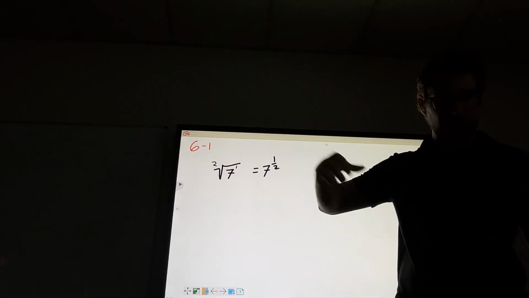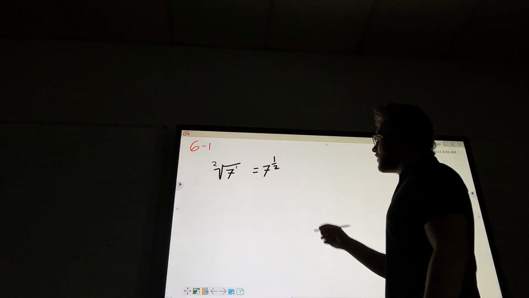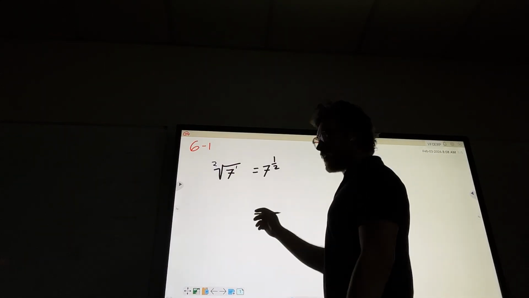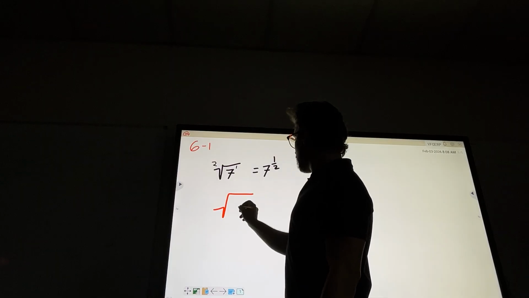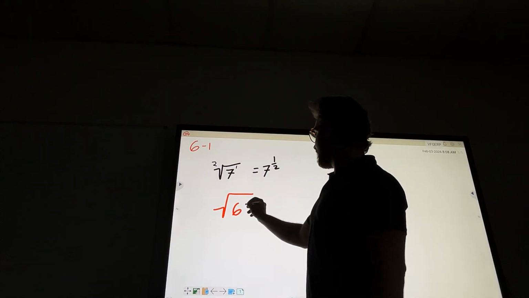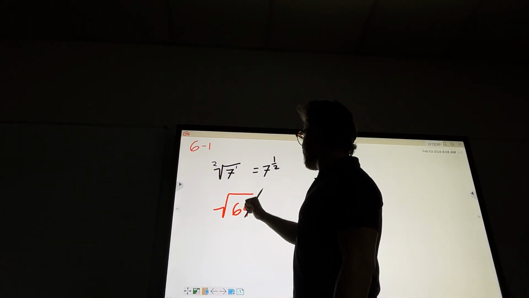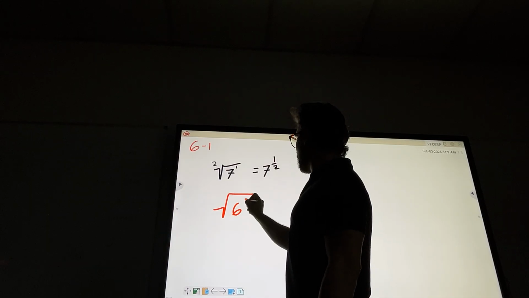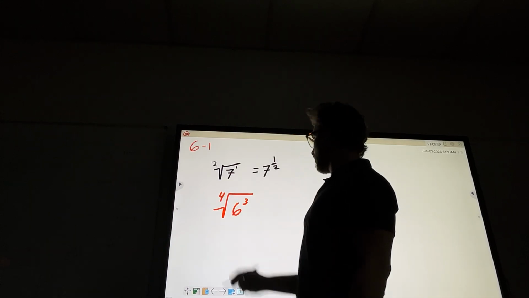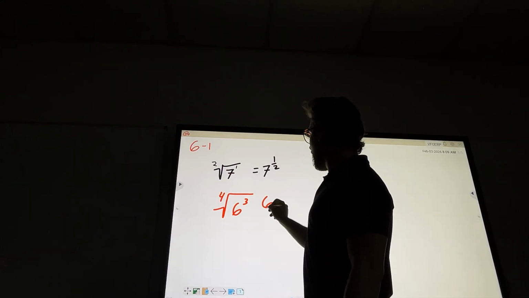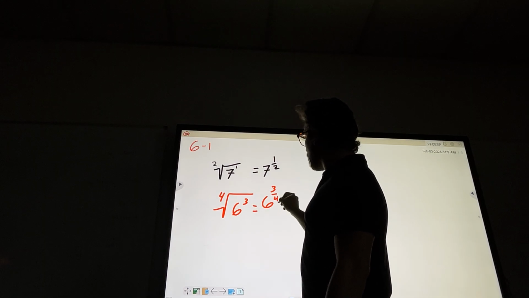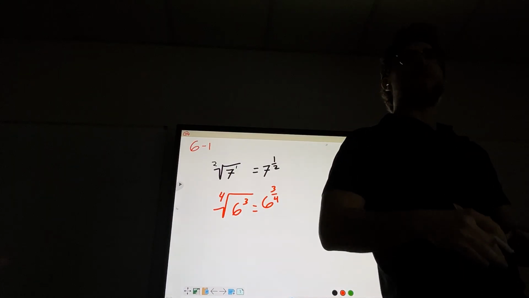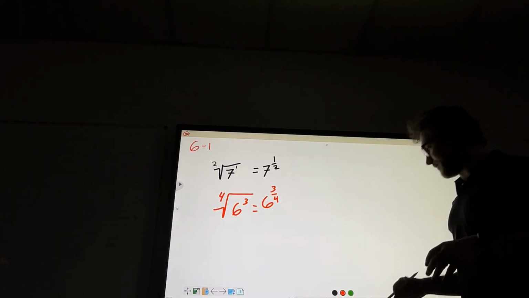So this is our basic understanding of it so far. We can also have a question like 6 to the power of 3 in the 4th root. This would be written as 6 to the power of 3 over 4. So that's kind of our first understanding of it.